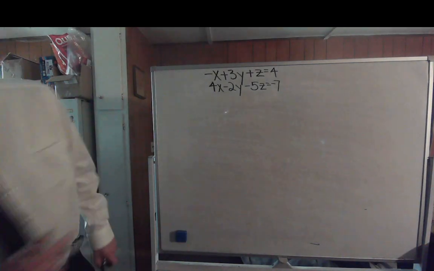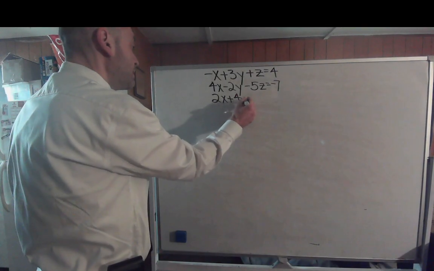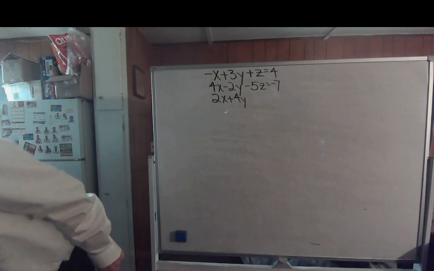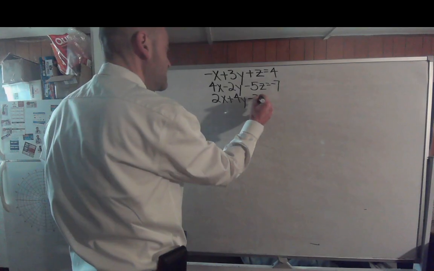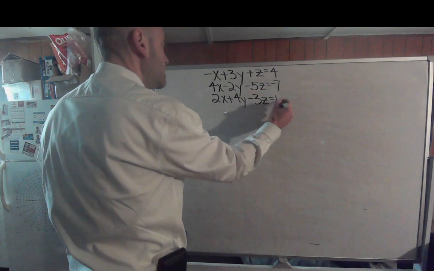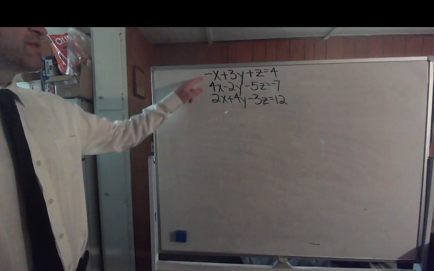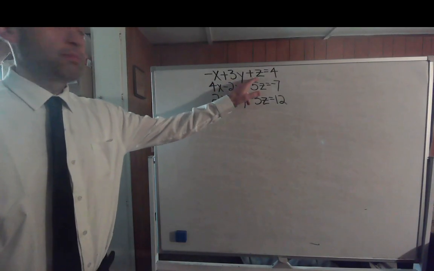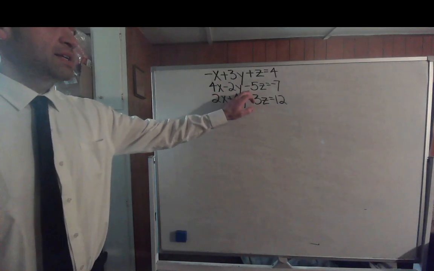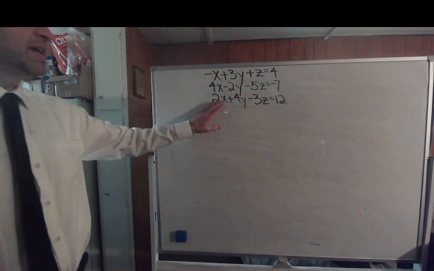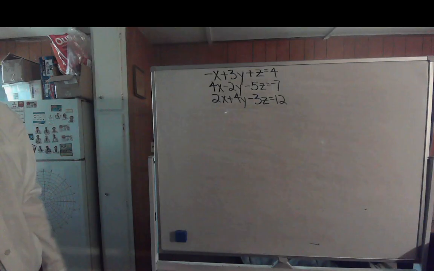And then 2x plus 4y minus 3z equals 12. Alright, so here's another system with three variables. We have negative x plus 3y plus z equals 4, 4x minus 2y minus 5z equals negative 7, and 2x plus 4y minus 3z equals 12.